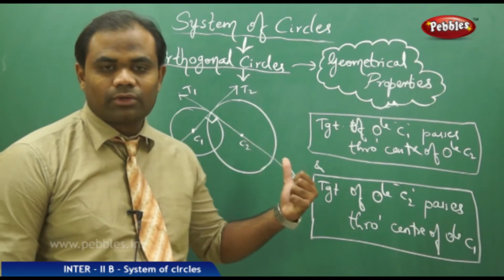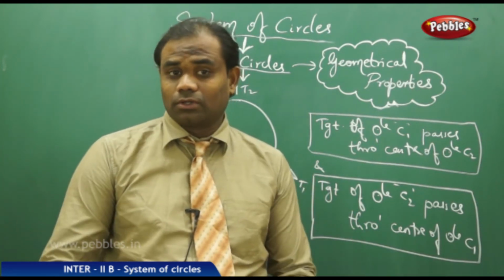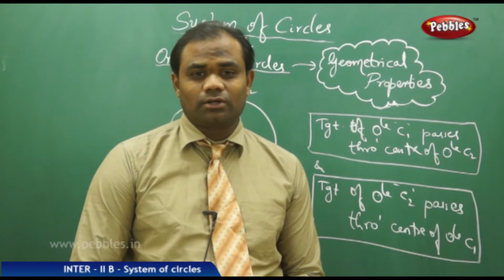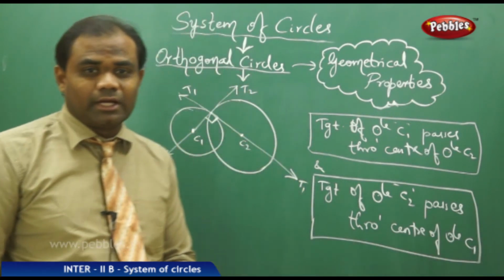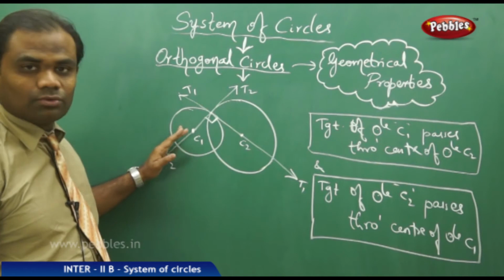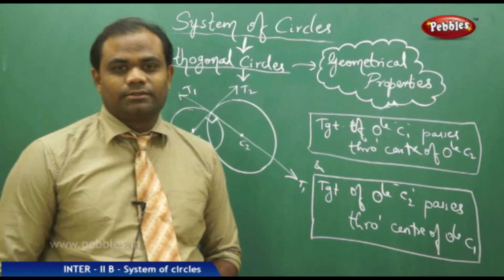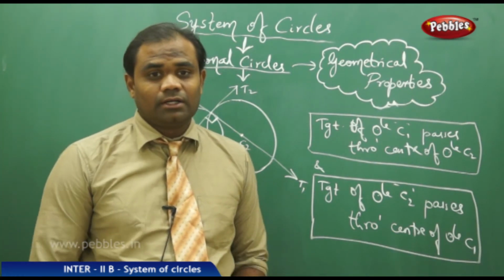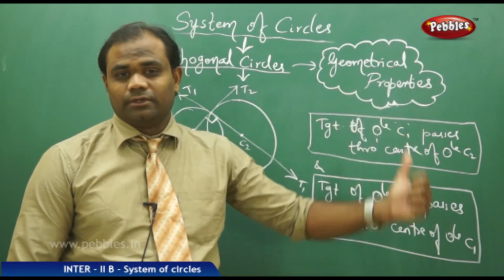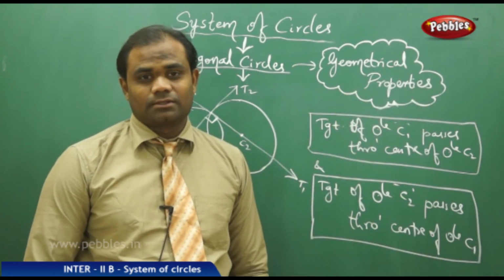This is true only when the two circles are orthogonal. If these two circles do not cut each other at 90 degrees, then we cannot have a tangent passing through the center of either circle. This is how we understand the geometrical property connected with orthogonality of circles.